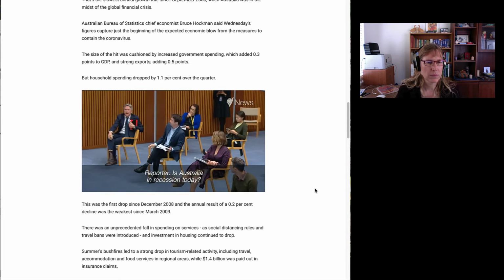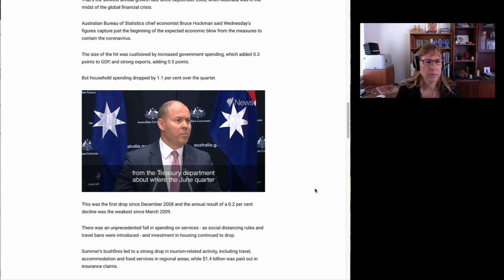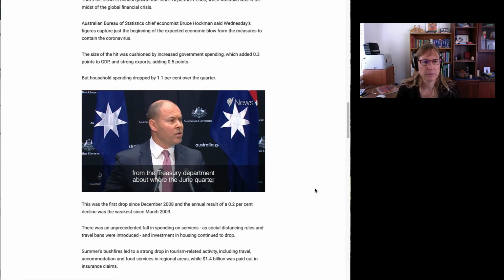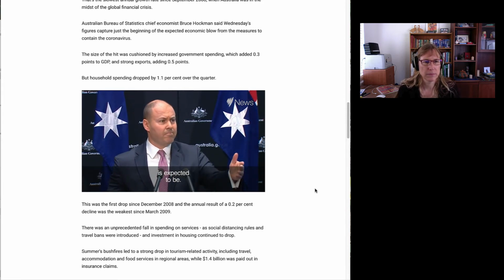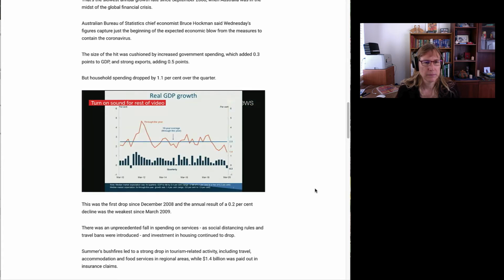Is Australia in recession today? Well, the answer to that is yes, and that is on the basis of the advice that I have from the Treasury Department about where the June quarter is expected to be. So the first slide shows that at 0.3%, we're seeing the economy contract in the March quarter, but we're still seeing growth of 1.4% through the year.